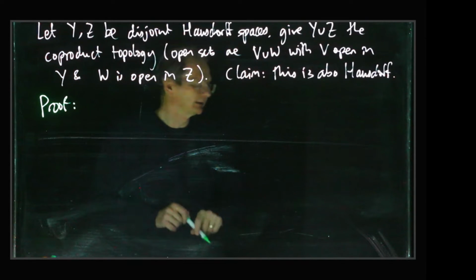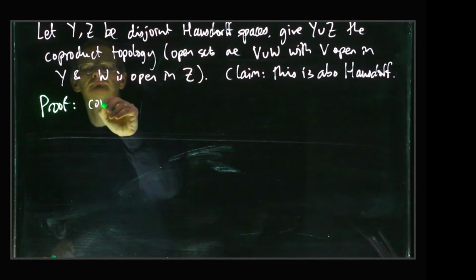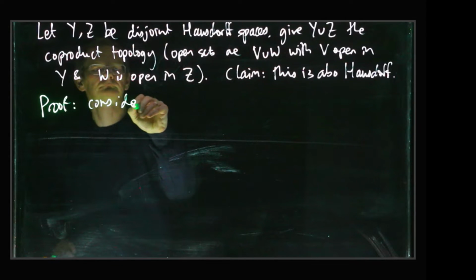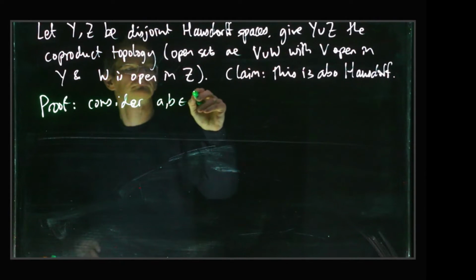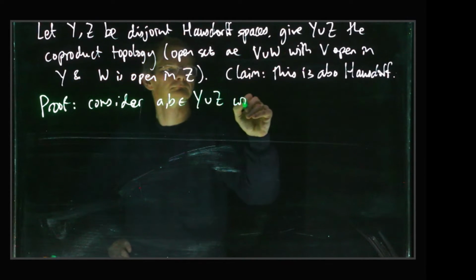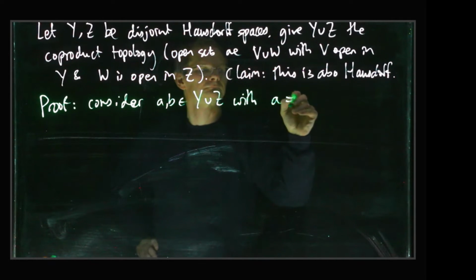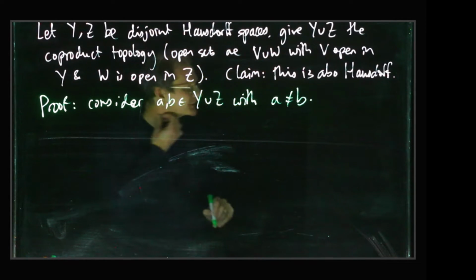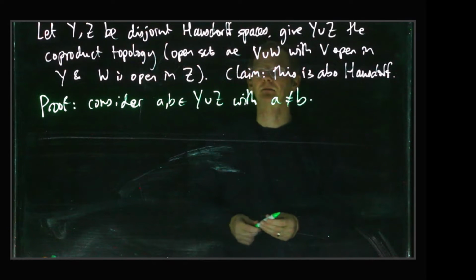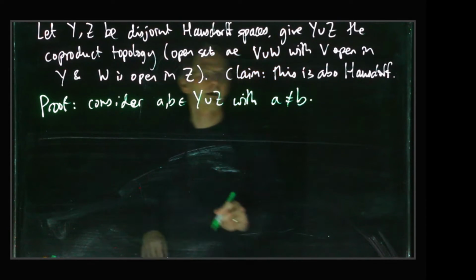Okay, so let's consider two distinct points, A and B, in the union Y union Z. So there's four cases.